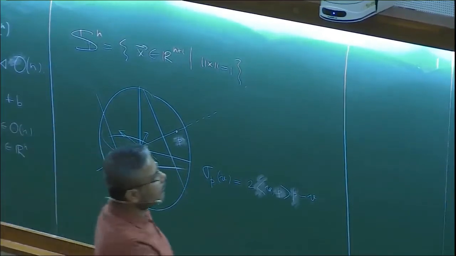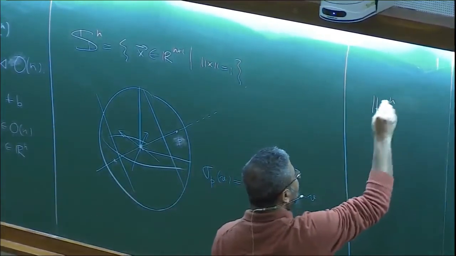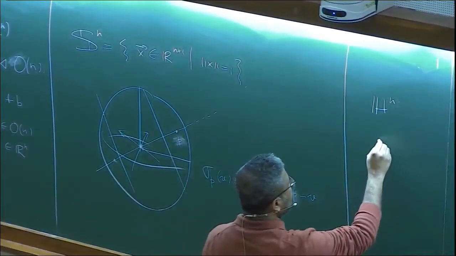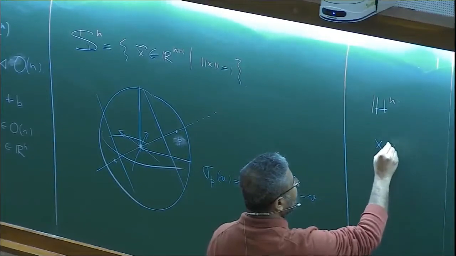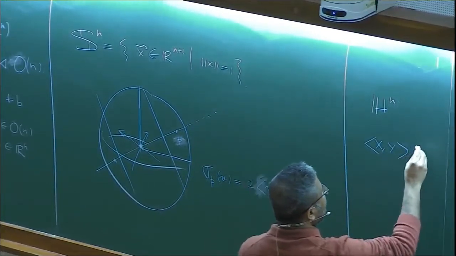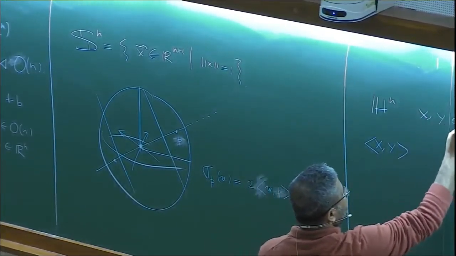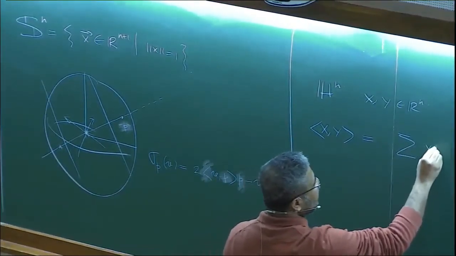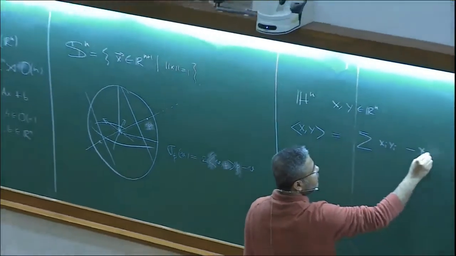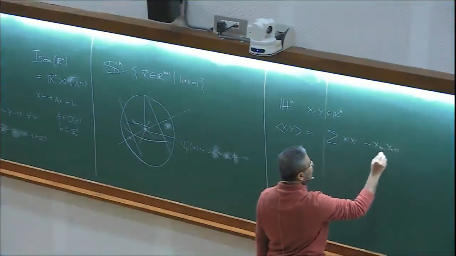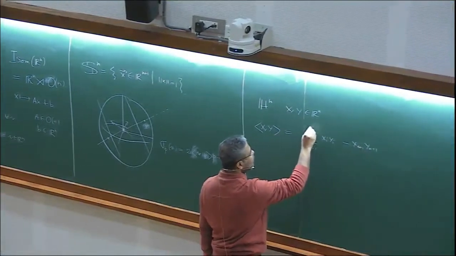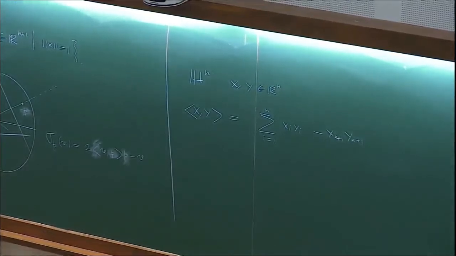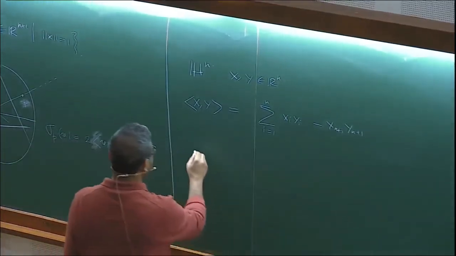Similarly for Hn, the model that I'm going to choose is the hyperboloid model. So I have this form on Rn plus 1: I consider this quadratic form, which is the sum of xi yi minus xn plus 1 yn plus 1, i equal to 1 to n. Let's denote this by n1, a signature n1 form.